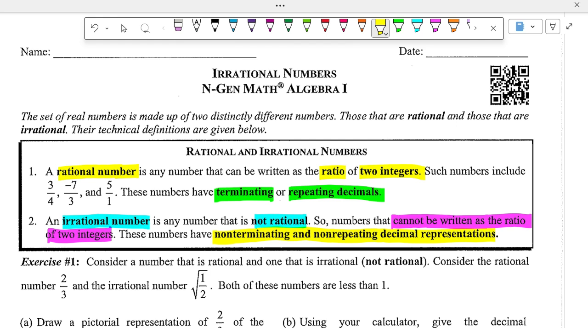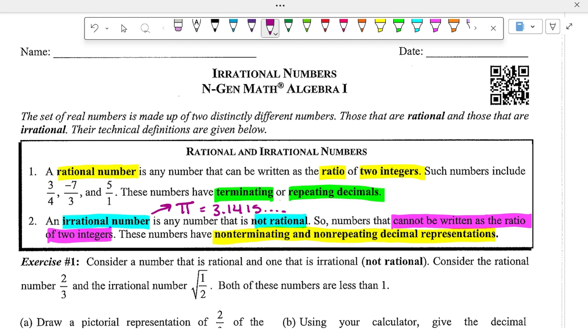Now, does anyone know what the most famous irrational number is? It's pi. So, an example of an irrational number is pi. That would be 3.1415, and so on and so forth.